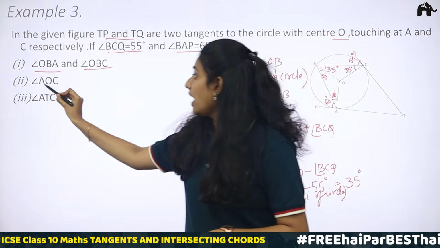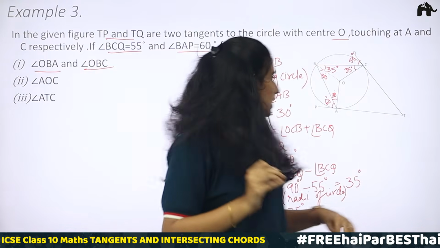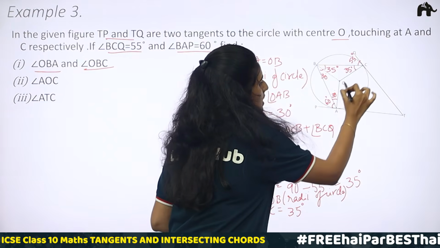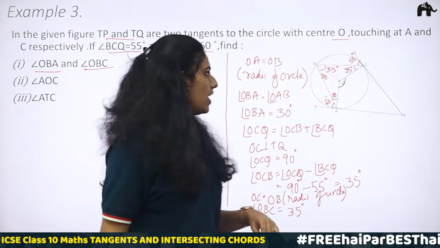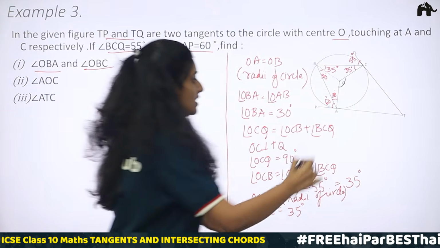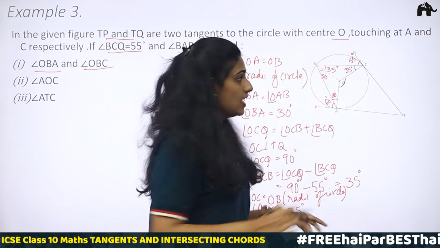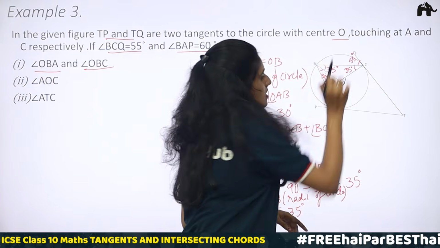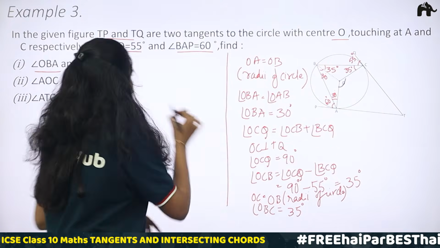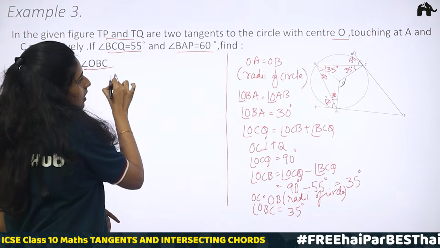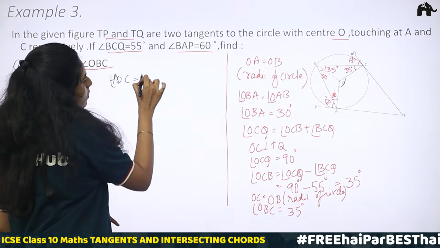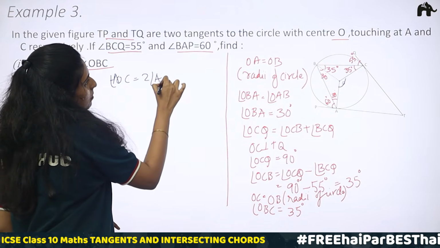Now the second part: we have to find AOC. Here we have AOC, this angle. How to find AOC? When you consider this arc AC, AC subtends angle AOC at the center and ABC on the circumference of the circle. Therefore we will have angle AOC equal to 2 times angle ABC.